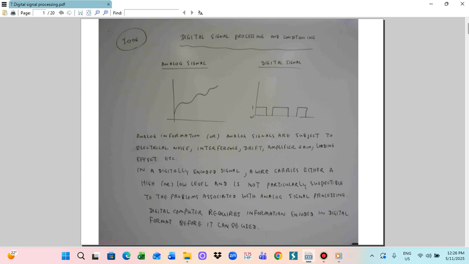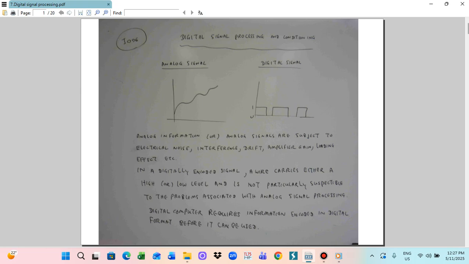So because of this, when we are using the digital system, we need to eliminate those effects. Digital signals are not subject to those interference. So this is why we use the digital signal system. The electrical noise, interference, amplifier gain, and loading effects influence the analog signal, but they do not influence the digital signal. This is why we need to change the analog to the digital signal.